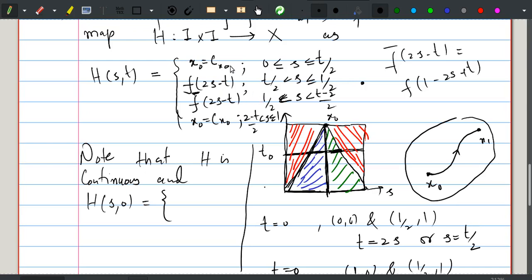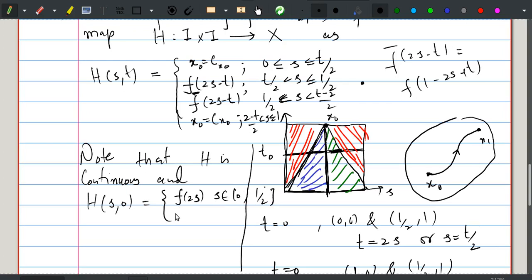This is just a point here, because when t is 0, at s equal to 0, h of s, t is x naught. That is it. So we get f of 2s, where s is in the interval 0 to half.